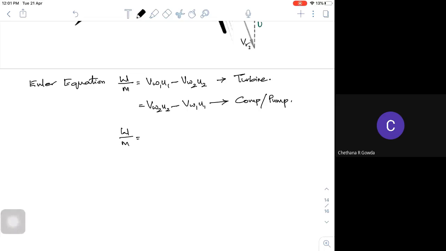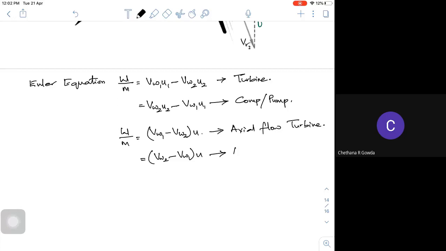I will be getting VW1 minus VW2 into U. This is for an axial flow turbine, and it is equal to VW2 minus VW1 into U for an axial flow compressor or a pump. Okay, so these are the things.